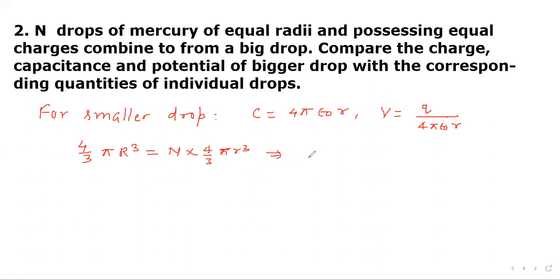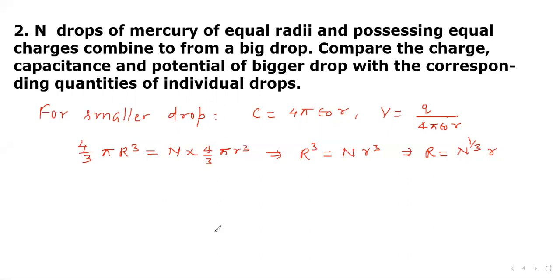Now, let's simplify. So we get R cube equals N times small r cube, from where we can get R equal to N power 1/3 times small r.